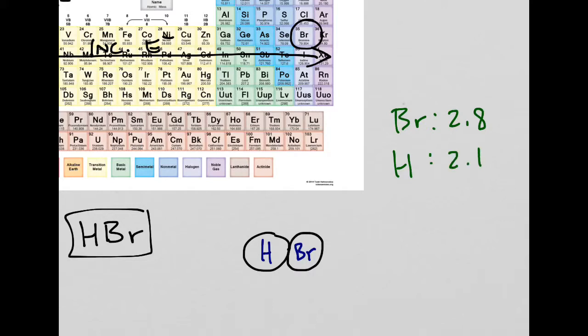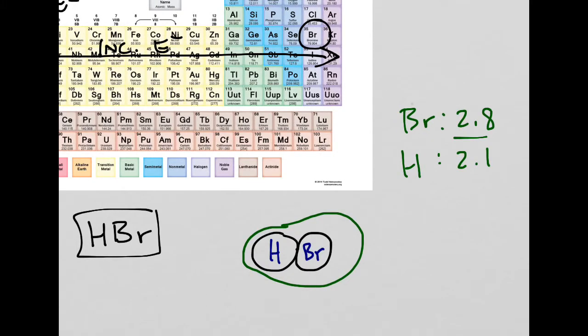So that means bromine is going to have greater attractive power for the electrons. If I were to draw an electron cloud as sort of this green here, it would look like this. You'd have more electrons associated with the bromine side of the compound that you've just created. So it would pull those electrons towards the right side of the compound.